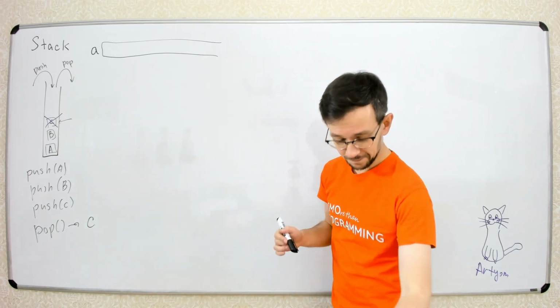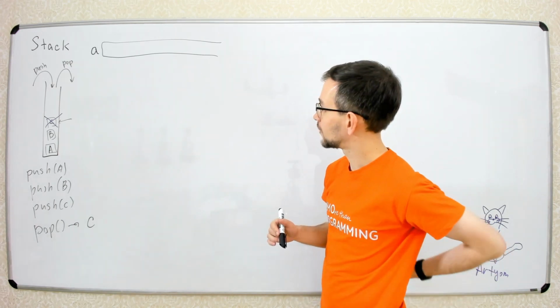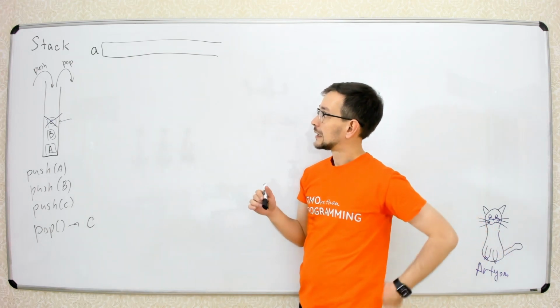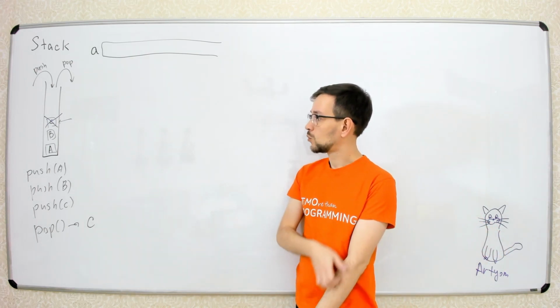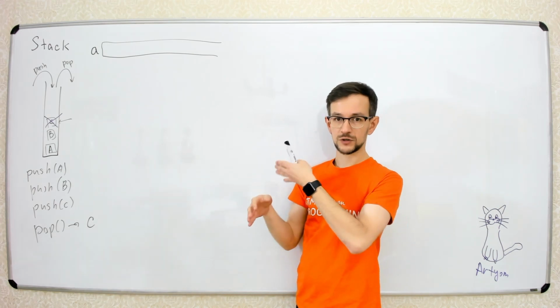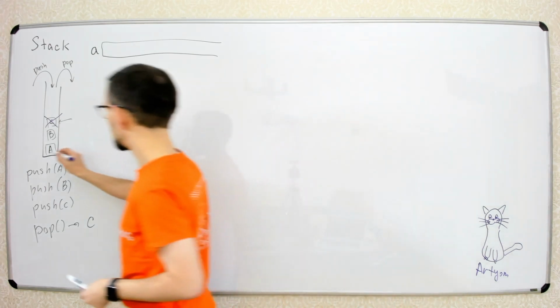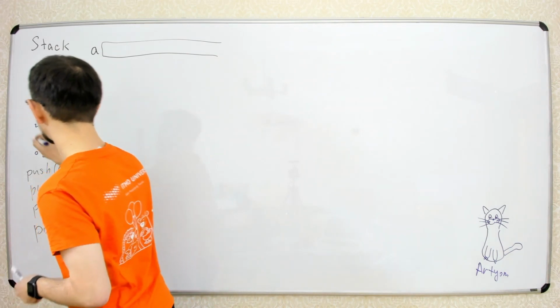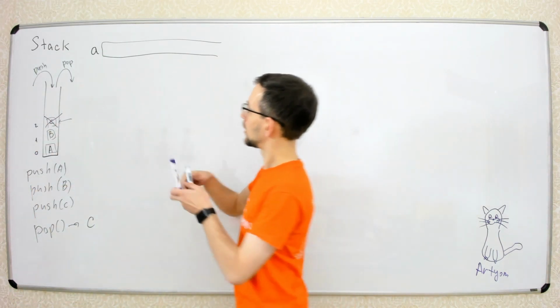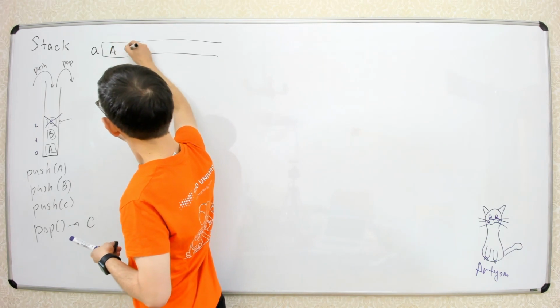I'm not very creative in this part. Okay, and we will put these elements from the left of this array. So the indexes of these elements will be 0, 1, 2, and so on. So we put element A here, element B here, element C here.